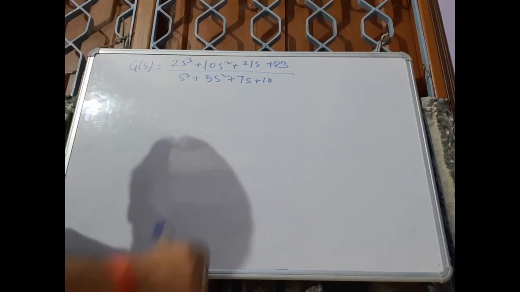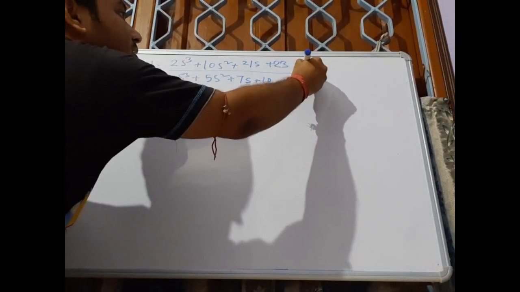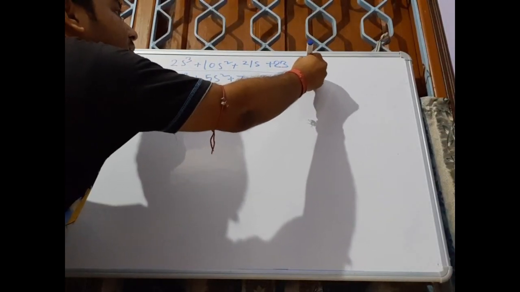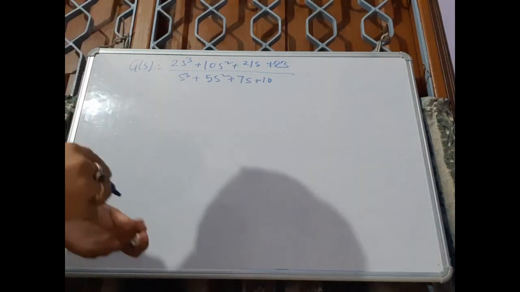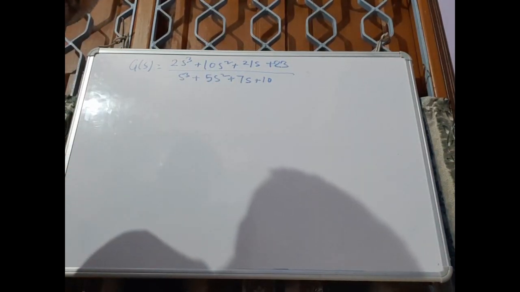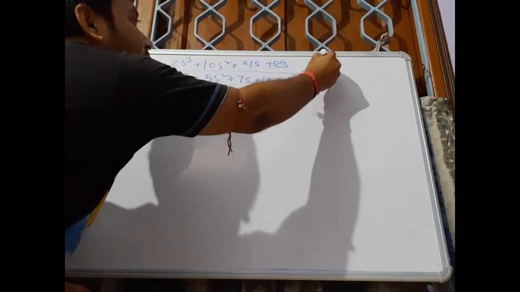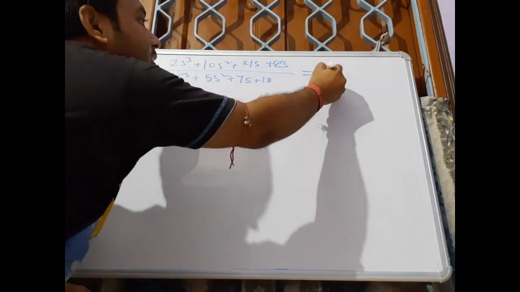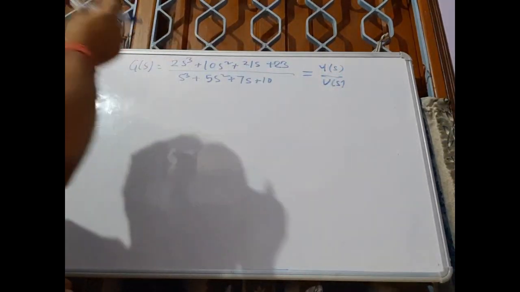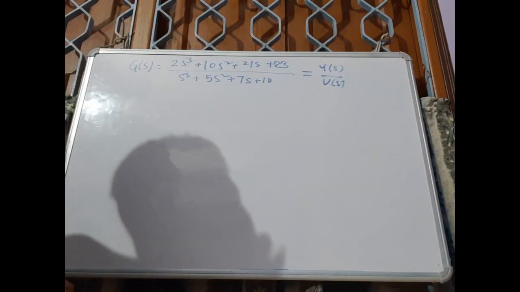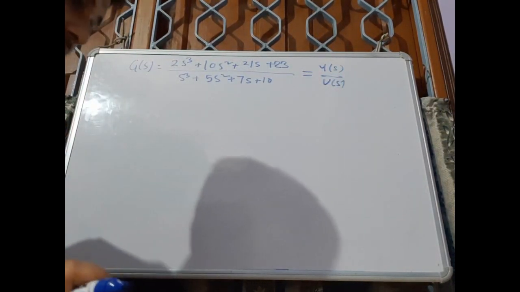Now this is nothing but Y(s) divided by U(s). Y(s) is the output and U(s) is the input, right?